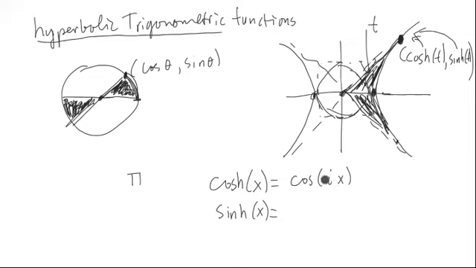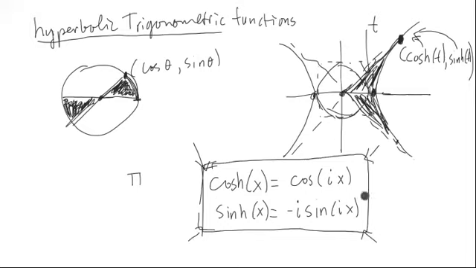And you can check what the derivative of this is. It's -i, using the chain rule, thinking of i as a constant, -i times the sine of ix, because the derivative of cosine is negative sine. So you can take these as definitions for cosh and sinh.